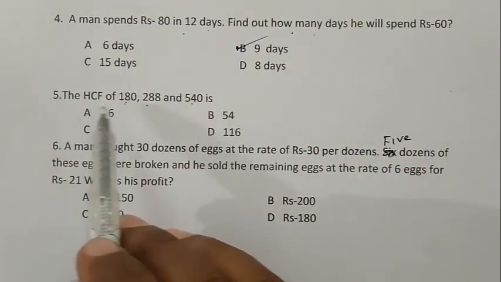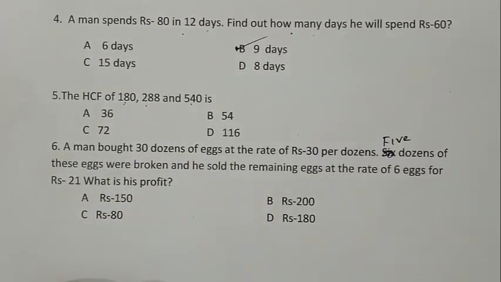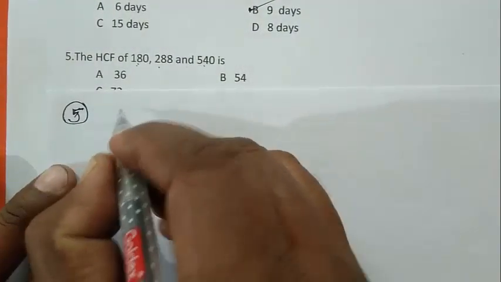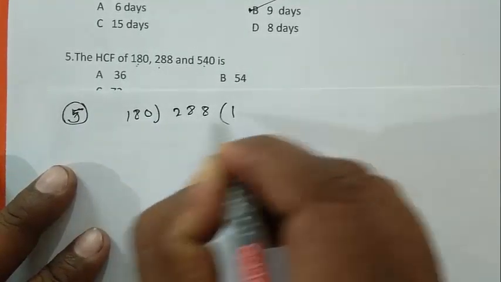Question number 5. The HCF of 180, 288 and 540 is. Simply we calculate the HCF in traditional way.